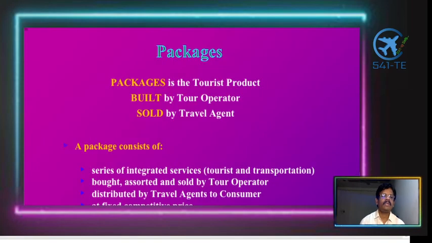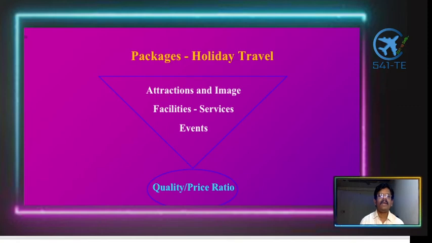With that, you can see the package and holiday travel, attractions, image, facilities, services and events. These are all the various elements in the product, and ultimately price and quality are added to that. So the consumers perceive the product differently. The features and quality vary, and the price may be the same, but the experience would be different.